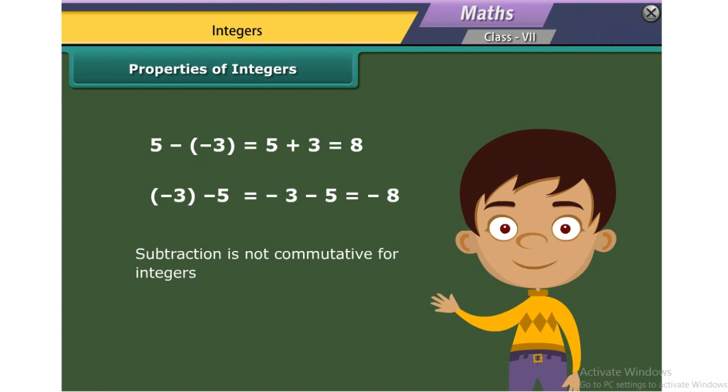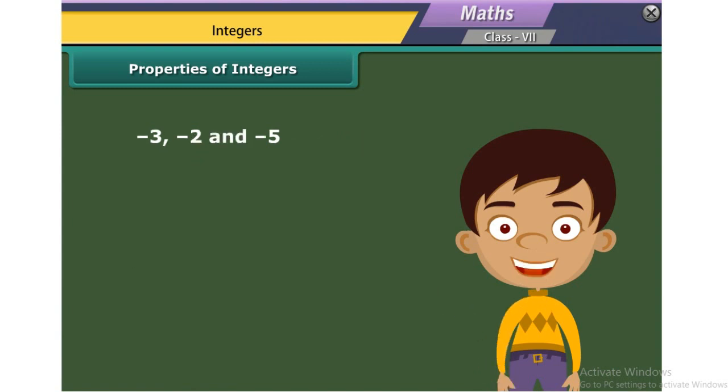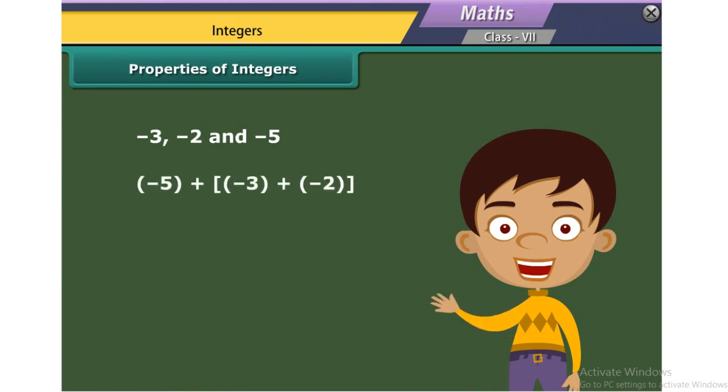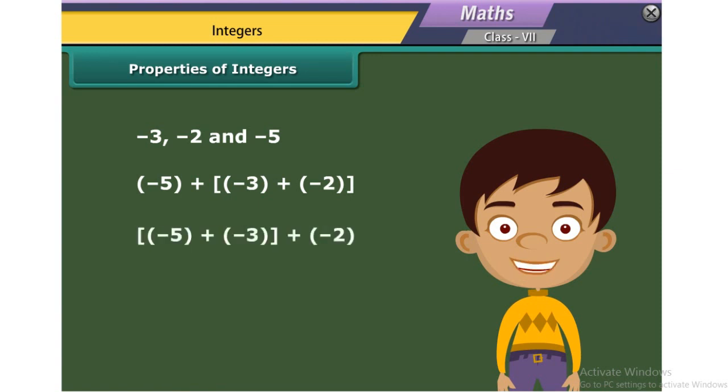Now observe the following examples. We will take the integers minus 3, minus 2 and minus 5. Look at minus 5 plus, within bracket, minus 3 plus minus 2, and minus 5 plus minus 3, plus minus 2.